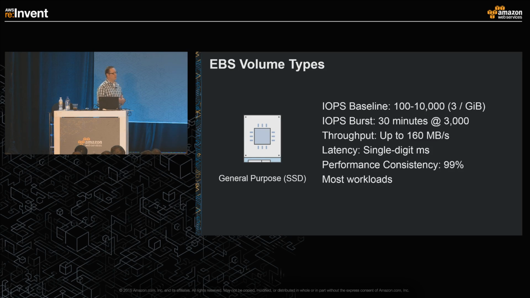And we'll talk a little bit around the fact that throughput and IOPS, although related, are 2 different properties of the volume. Latency is designed for single-digit millisecond latency. And it has a performance target of 99%. So that's performance of IOPS. So 99% of the time we're striving to provide all of the IOPS. And we consider it the volume that most workloads will default to on AWS.